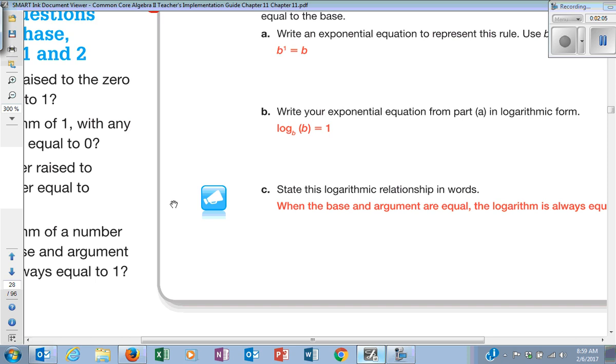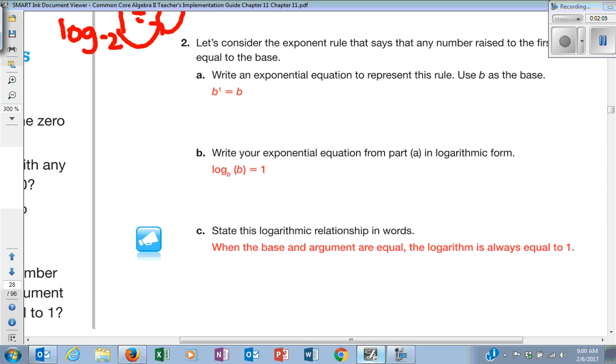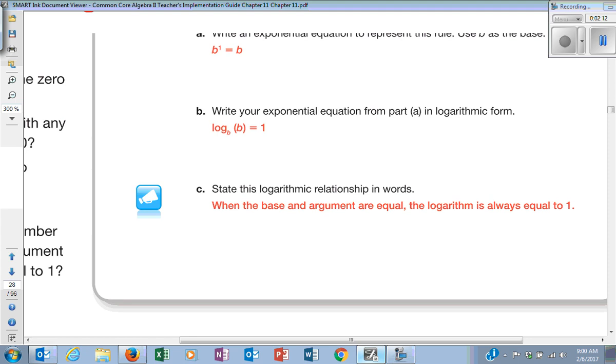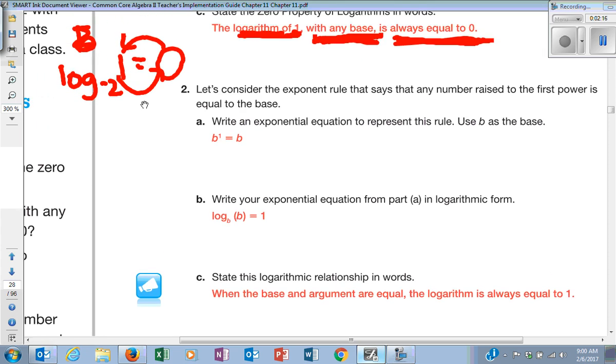Alright, the next thing we need to talk about is the logarithm with the same base as the same argument. So right here, if you notice, you got the same base and the same argument.